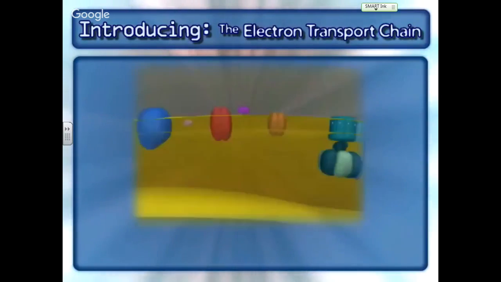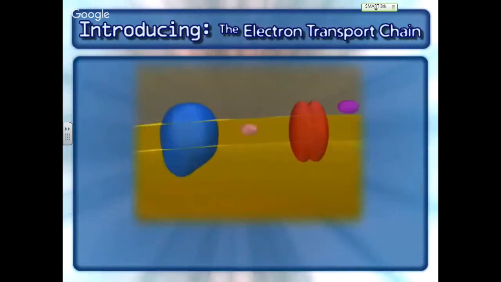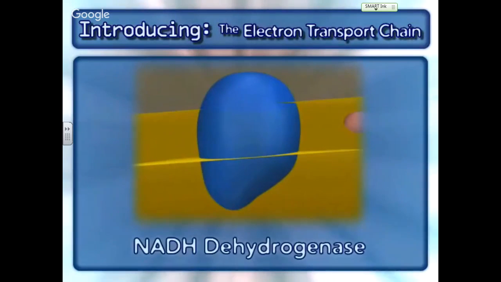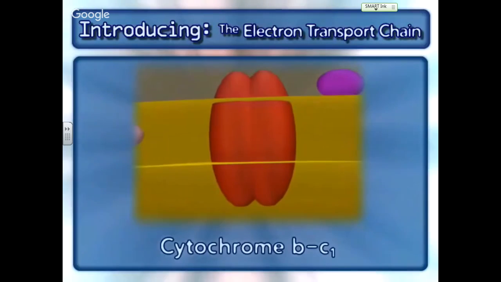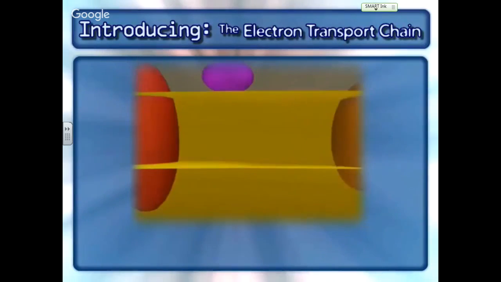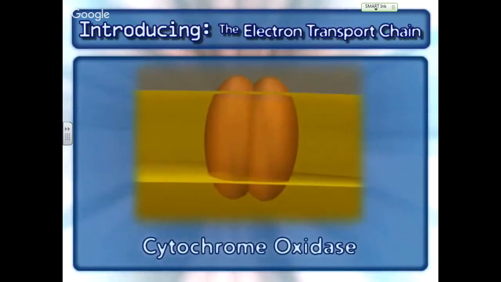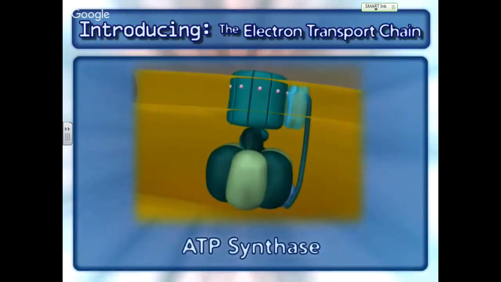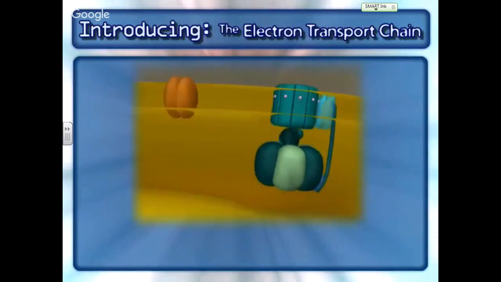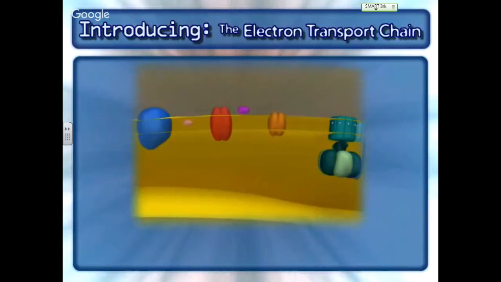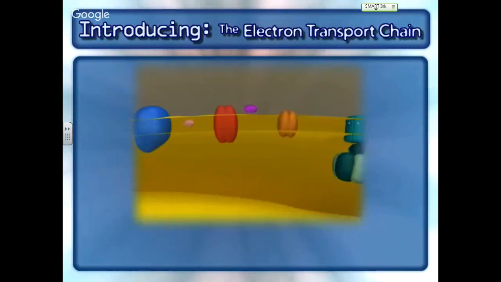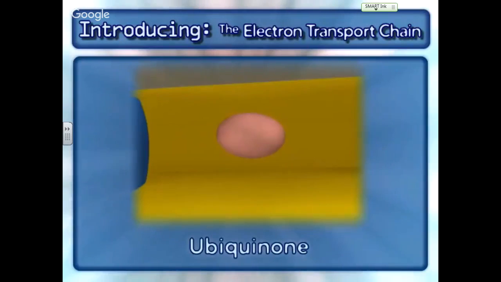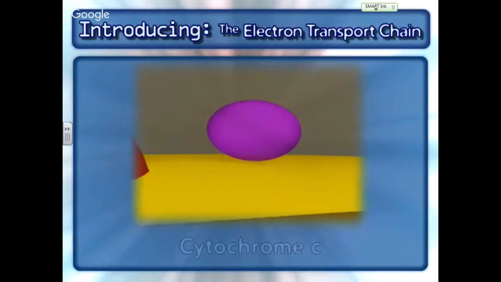The following complexes are found in the electron transport chain: NADH dehydrogenase, cytochrome C1, cytochrome oxidase, and the complex that makes ATP, ATP synthase. In addition to these complexes, two mobile carriers are also involved: ubiquinone and cytochrome C.